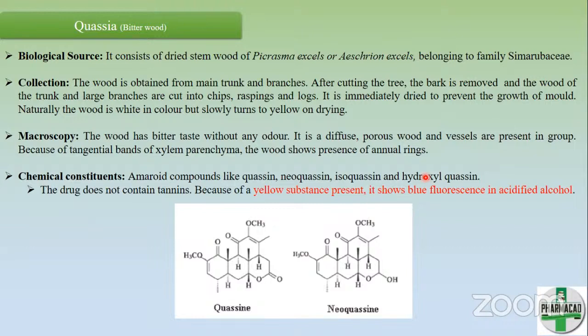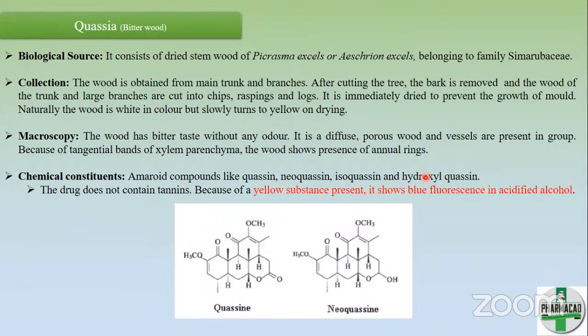Drug will not have presence of any tannins because of a yellow substance that is present. It shows blue fluorescence when it is acidified with alcohol. So this is about quassia.